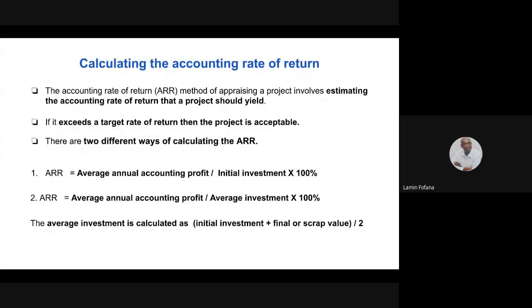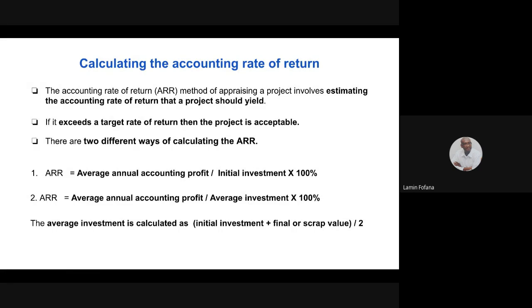With the normal method, you calculate your average accounting profit, that's the average by years, divided by your initial capital outlay. The second method has the same numerator, but the denominator is different. The denominator will be the average investment.